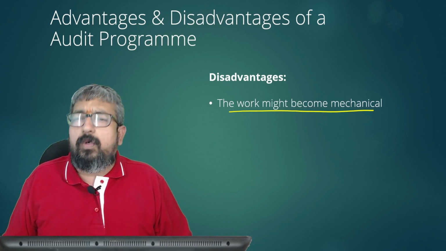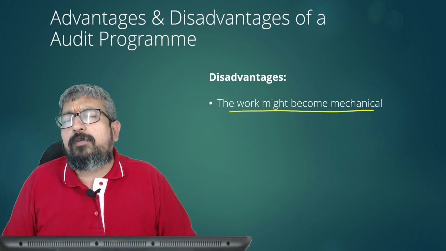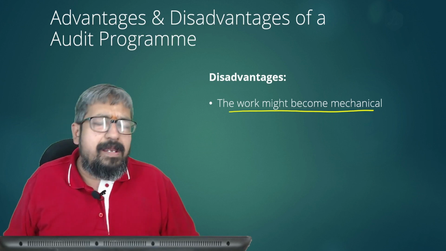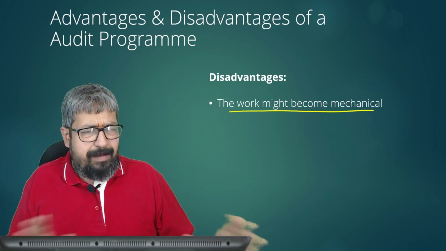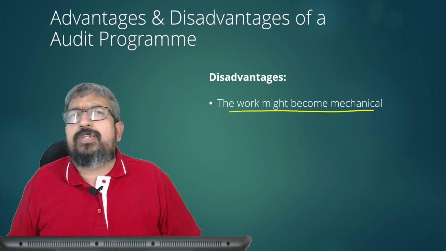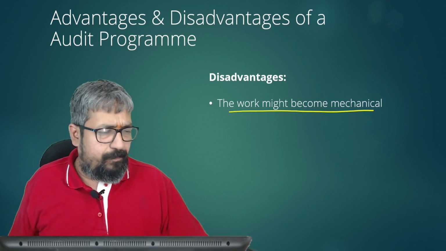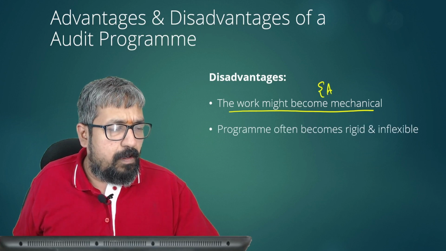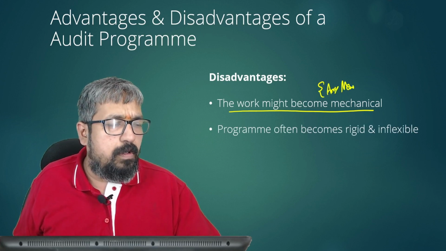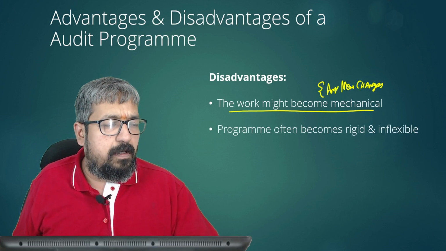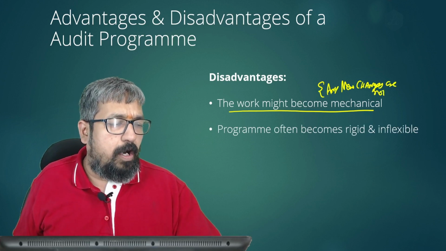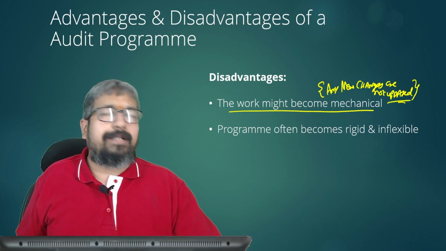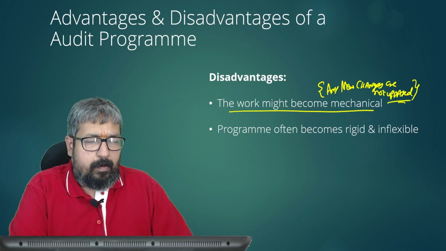So the first and foremost disadvantage is that the work becomes extremely mechanical in nature. In brackets you write down: any new changes are not updated. That's a problem with the audit program.